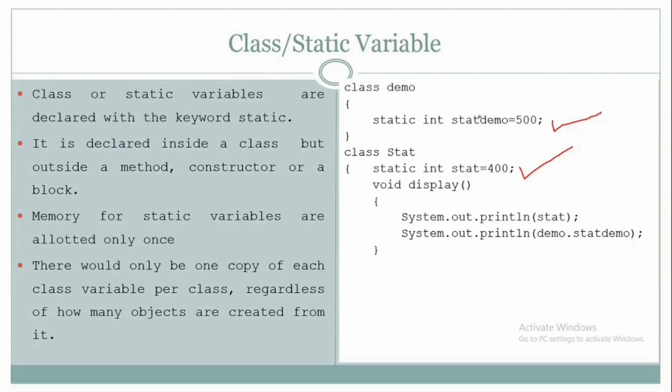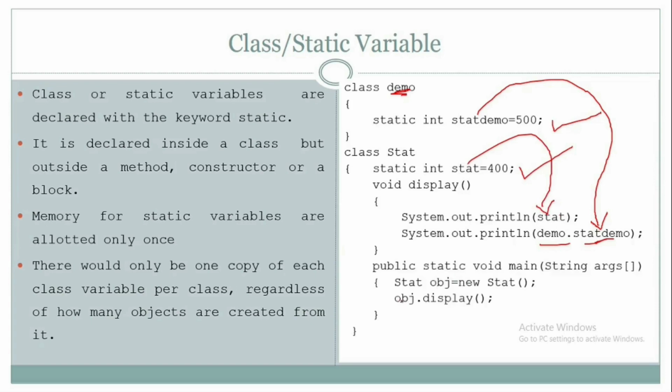To access the statDemo of the other class, I have to make use of the class name dot statDemo, as I have done over here: class name dot static variable. And to access the static variable of its own class, I can directly access it just using stat.